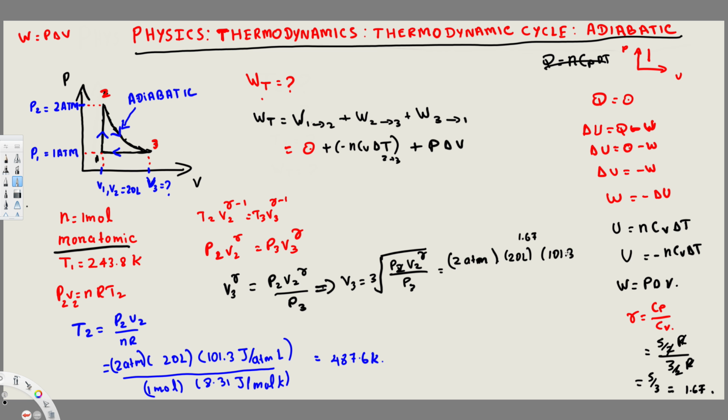And then, since this is a liter, in the bottom we are going to have a problem if we keep this one in liter, because we have this one in ATM, this one in ATM. So it's better to change everything in SI unit and then do the calculation.